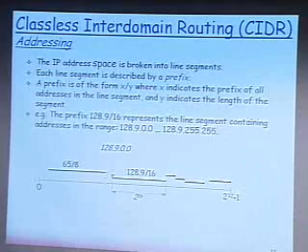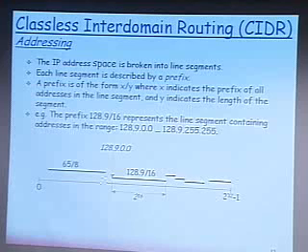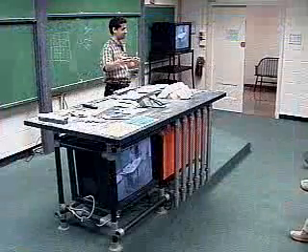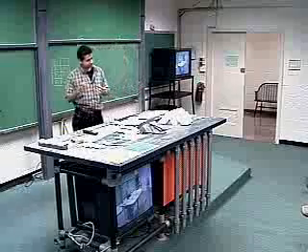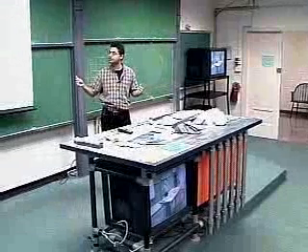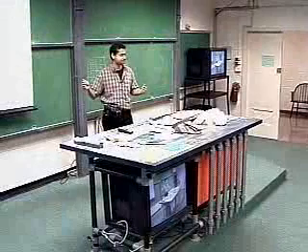In principle, Y can range from 2 to 30 or whatever. So Y is the length of the prefix. The smaller the prefix, the more free bits you have in the 32 bits, so the more addresses you can have. So the smaller the prefix, the longer this line segment.